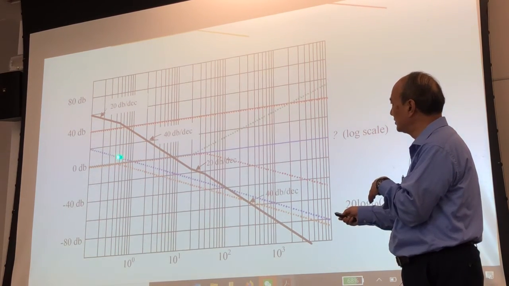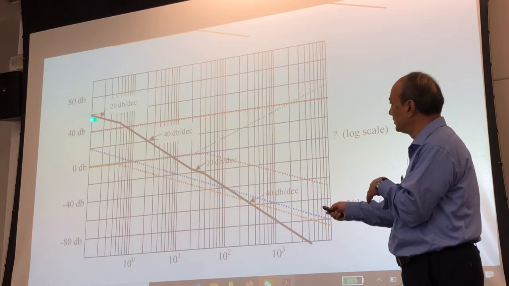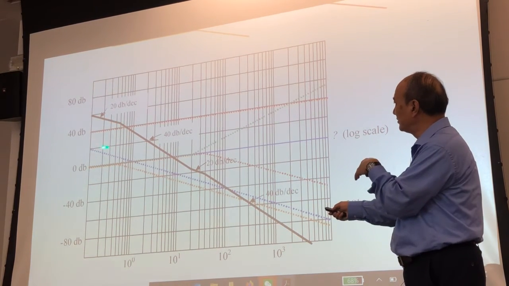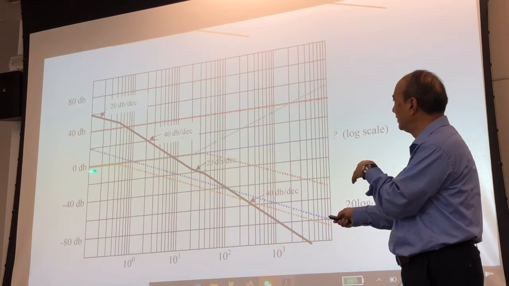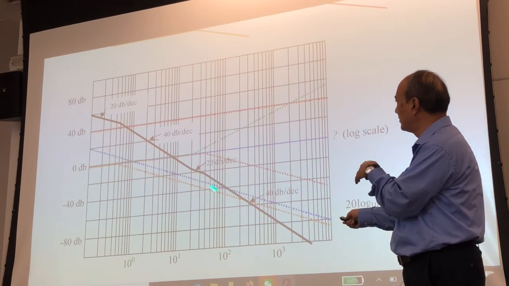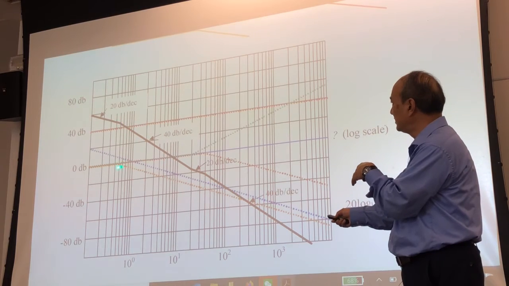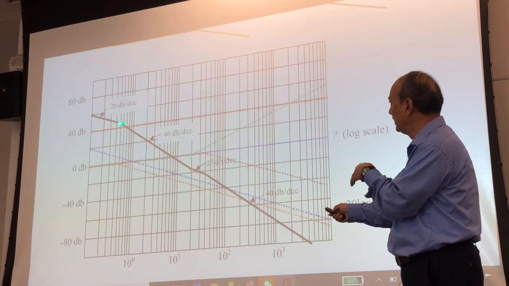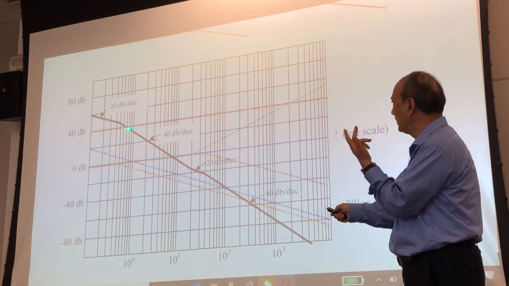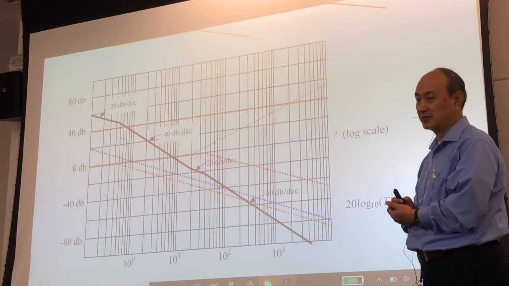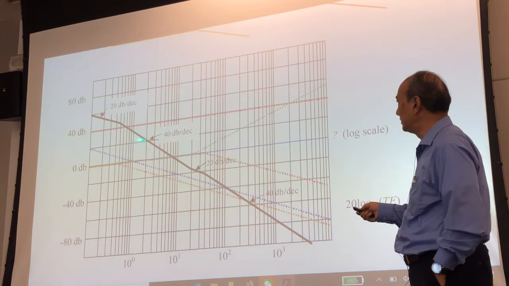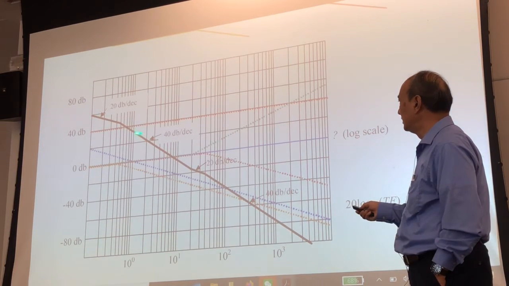So in other words, this black line from the beginning, if nothing else, it will keep going this way. However, because of this orange one, at this corner frequency 0.5, it will have minus 20 plus minus 20. This is minus 40 dB per decade.